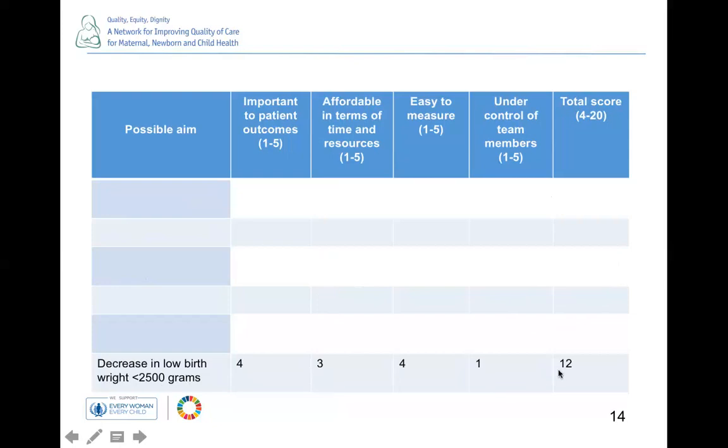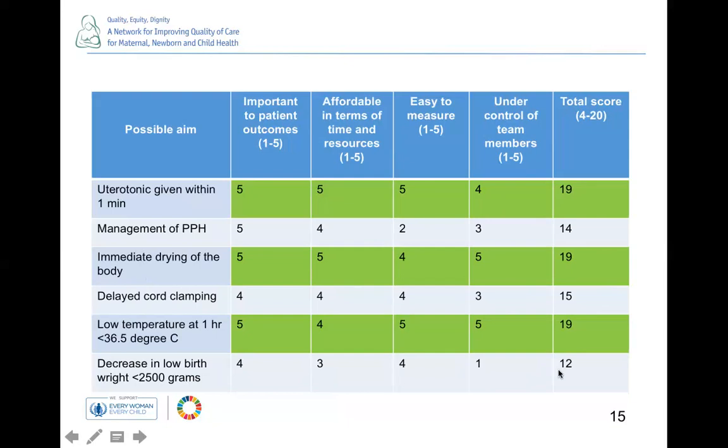So based on the consensus, we arrive that the maximum score is got by 3 of these possible aims or problems. The first is use of uterotonic within 1 minute of delivery. Second is immediate drying of the body of the baby.